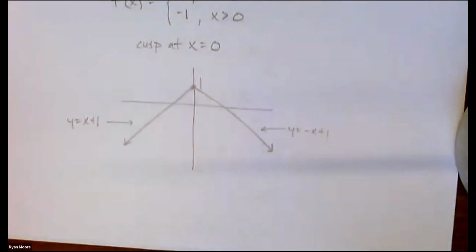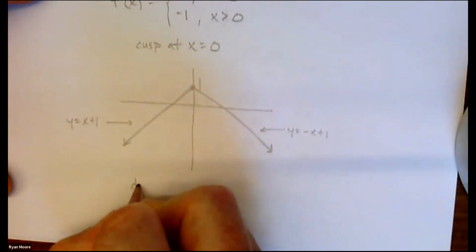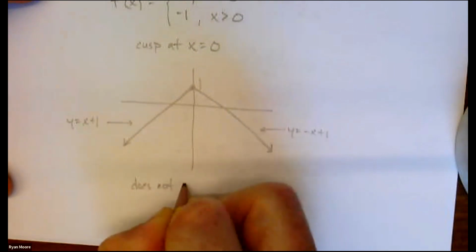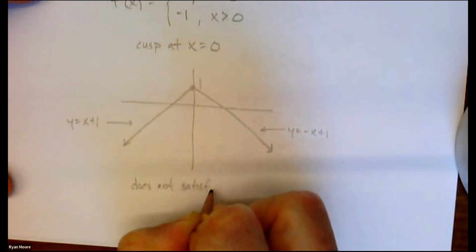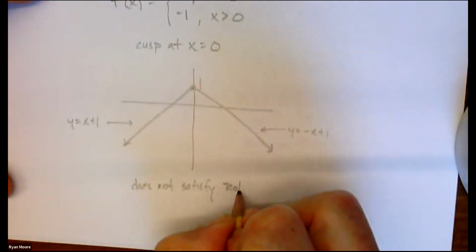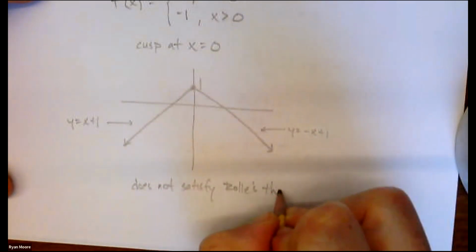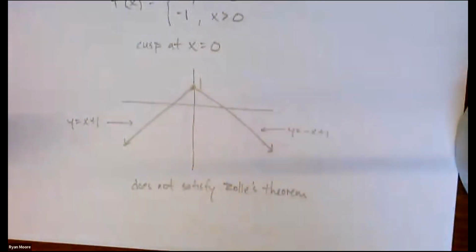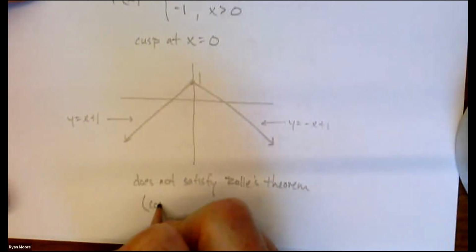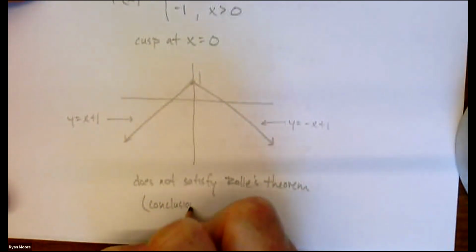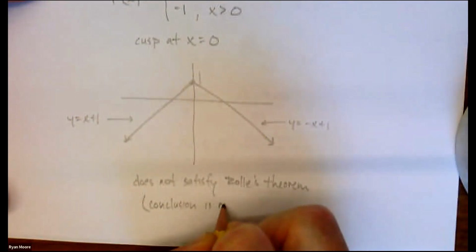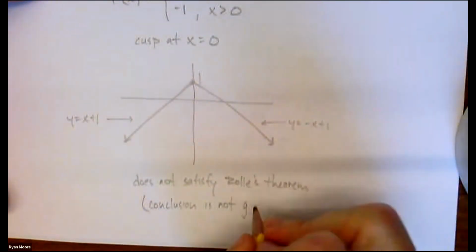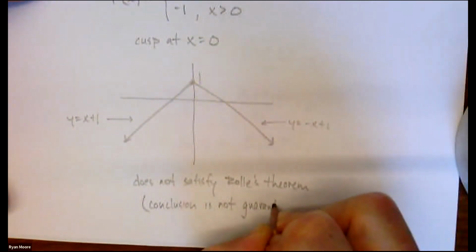So that is not satisfied. And so we cannot go any further. This does not satisfy Rolle's theorem. In other words, the conclusion is not guaranteed.